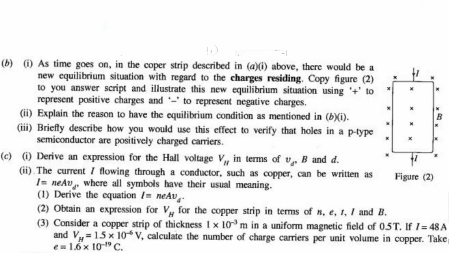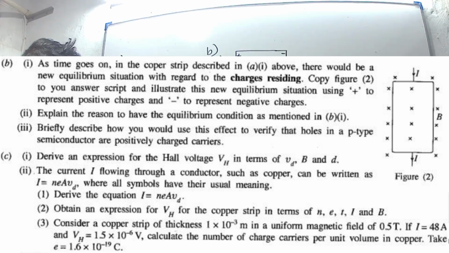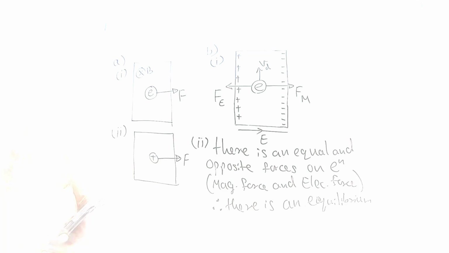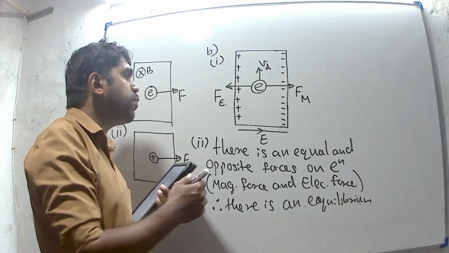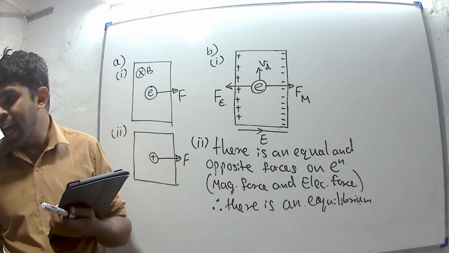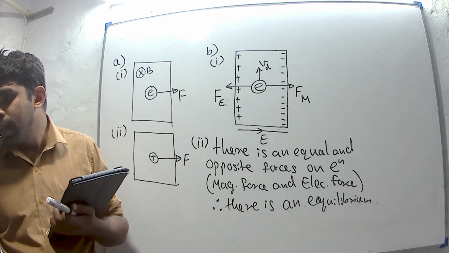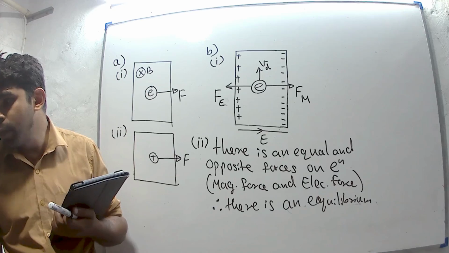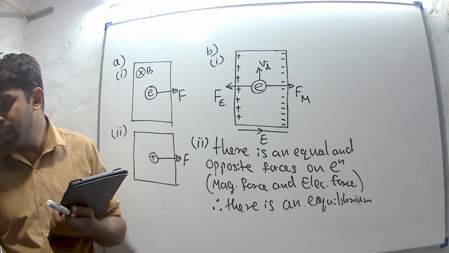Then part 3, briefly describe how you would use this effect to verify that holes in a p-type semiconductor are positively charged carriers. We can check the polarity of these two surfaces. We can write by checking the polarity of the sides of the strip using this situation.